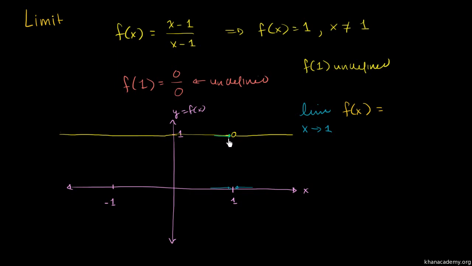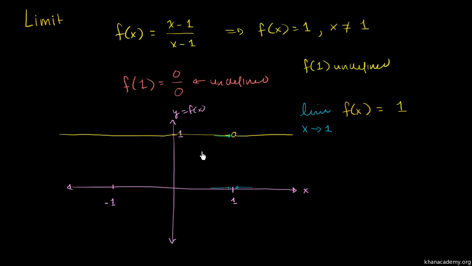It's getting closer and closer to 1. It's actually at 1 the entire time. So we could say the limit as x approaches 1 of f of x is 1. This is fancy notation, but it's just saying, look, what is a function approaching as x gets closer and closer to 1?